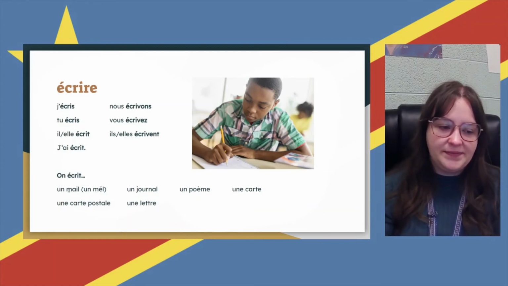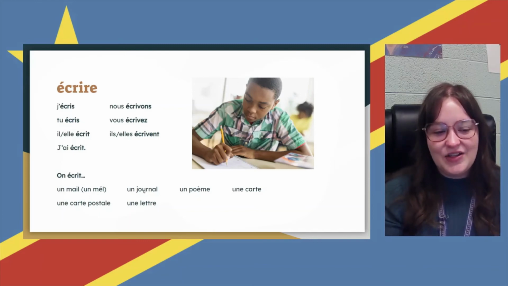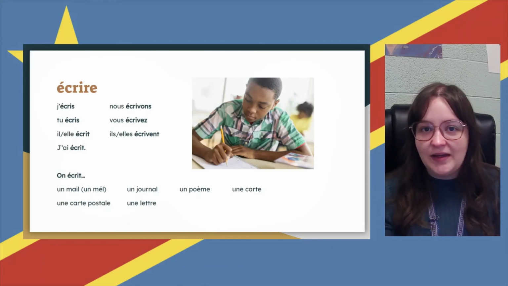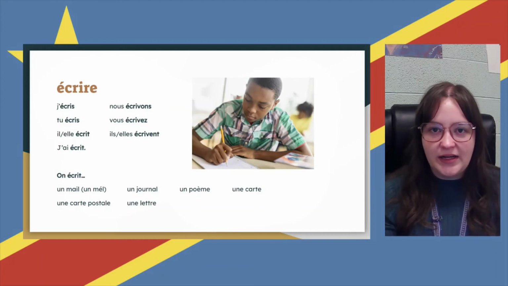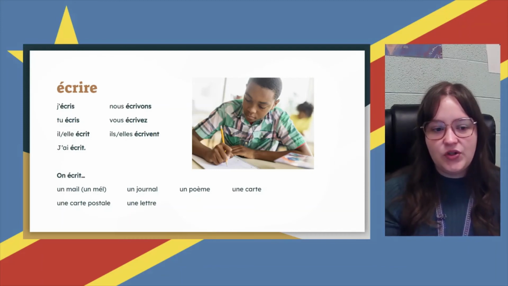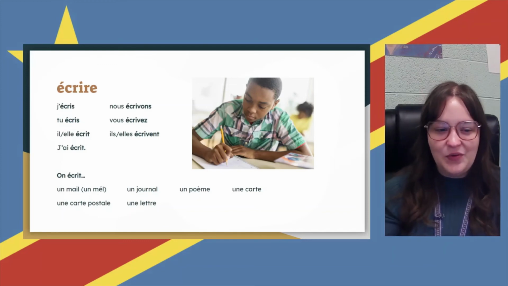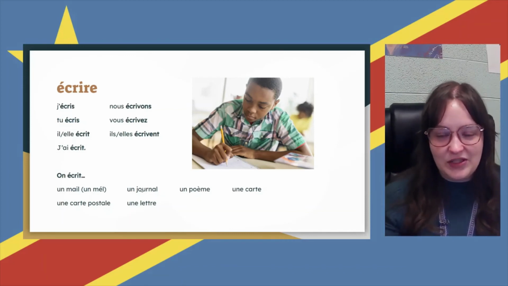Then, un journal. Okay, so not only does journal mean newspaper, it also means journal or diary. And we use the word journal in English for the same reason it means newspaper. The word jour is in there for the same reason.